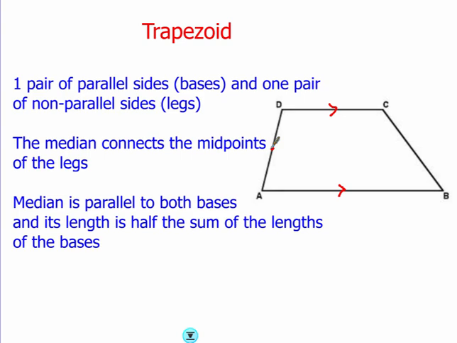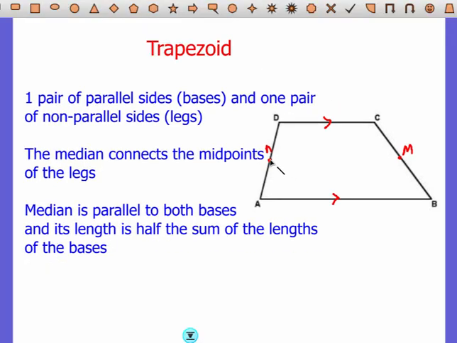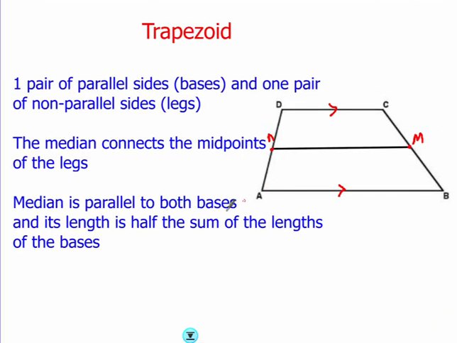And then we have this thing called the median. So if I construct the midpoints, let's call them M and N, of my legs, and I draw a line connecting those two midpoints, that's what we call the median. All right, and it has some properties. One of the properties is that it's parallel to both of the bases.